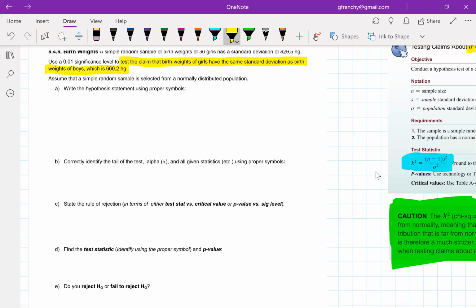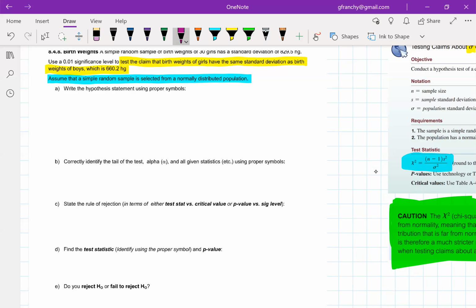One is what our claim is. That last bit that they mentioned is addressing that this case does satisfy the underlying requirements of hypothesis testing involving standard deviation.